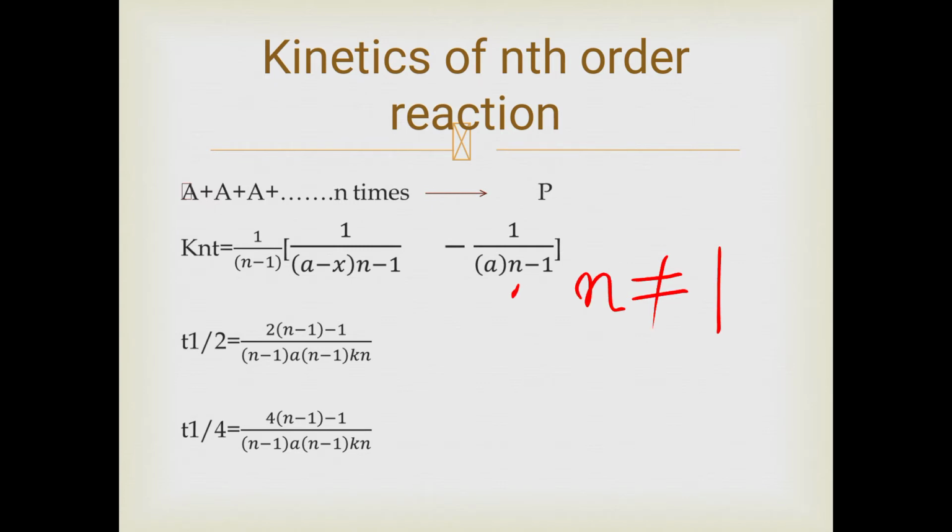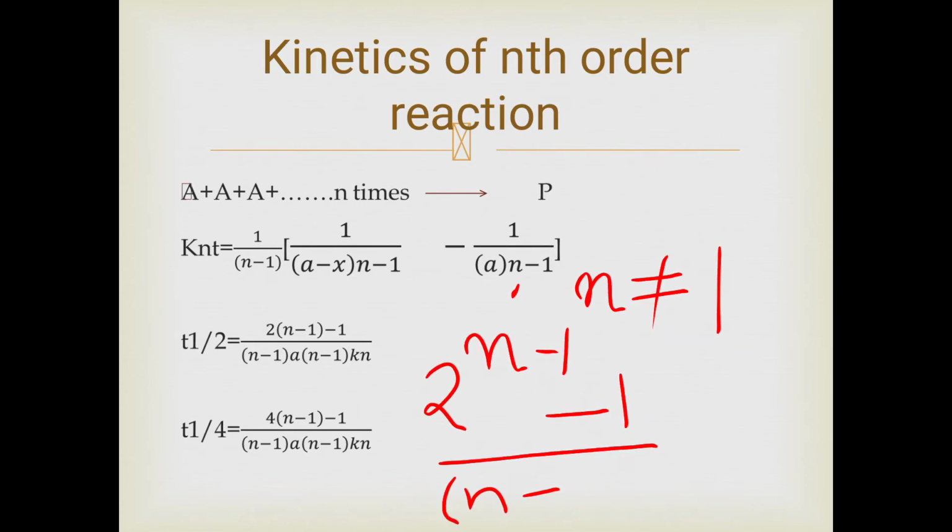Mind it, this is raised to. Similarly, for T half, it is 2 raised to n minus 1 minus 1, upon n minus 1, A raised to n minus 1, Kn.